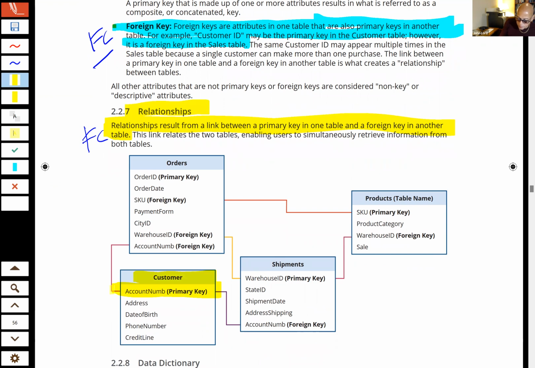In the orders table, the account number is a foreign key. Okay, and then you can have the different types of orders, and you can create in a relational database as to what? As to what the customer ordered. Okay, you could go ahead and have the account number as a foreign key in shipments.